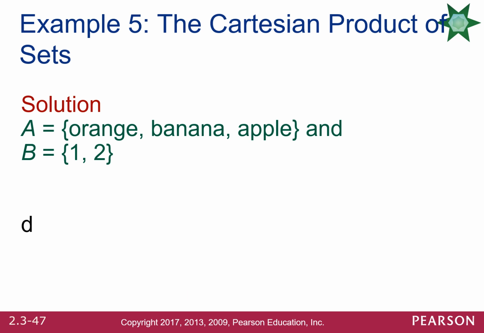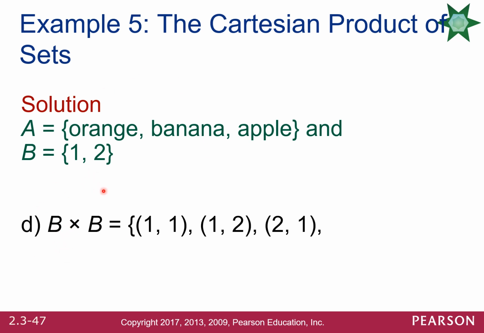So let's look at the solution when we pair the elements of B with the elements of itself. All right. So the Cartesian product for B cross B would be pairing the elements of the set with its own elements.